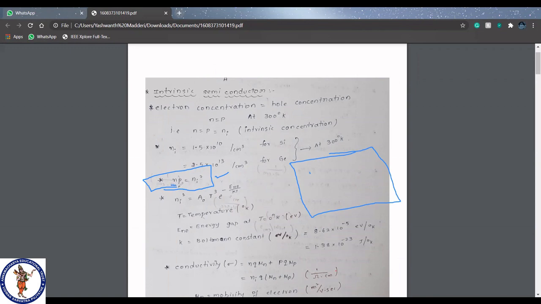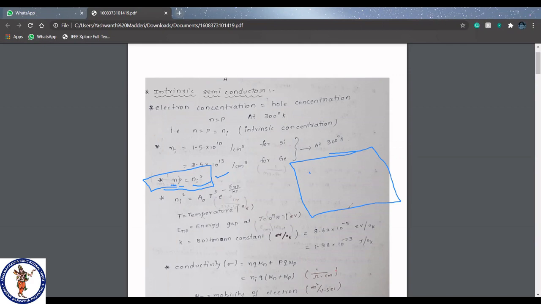Here n is nothing but the electron concentration, p is nothing but the hole concentration, and the product is equal to Ni square. The Ni is the intrinsic semiconductor concentration at 300 kelvins.